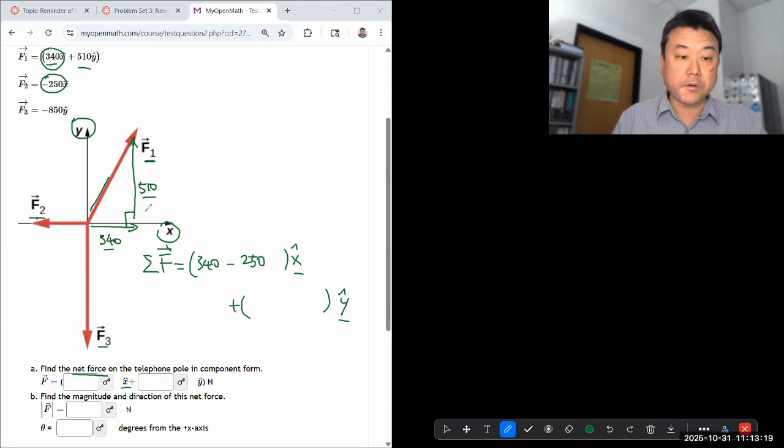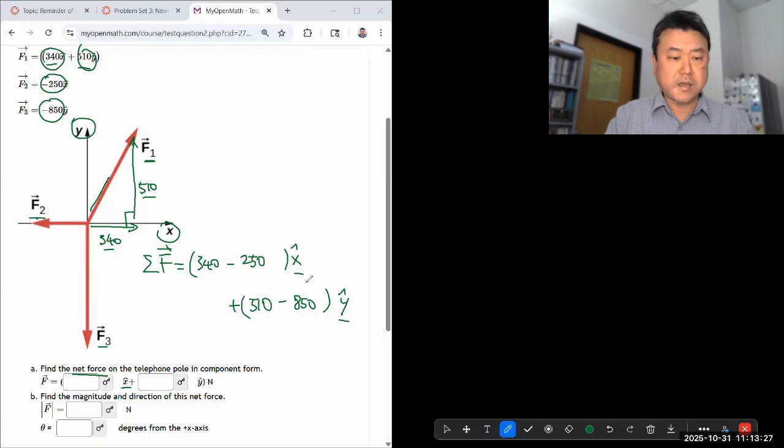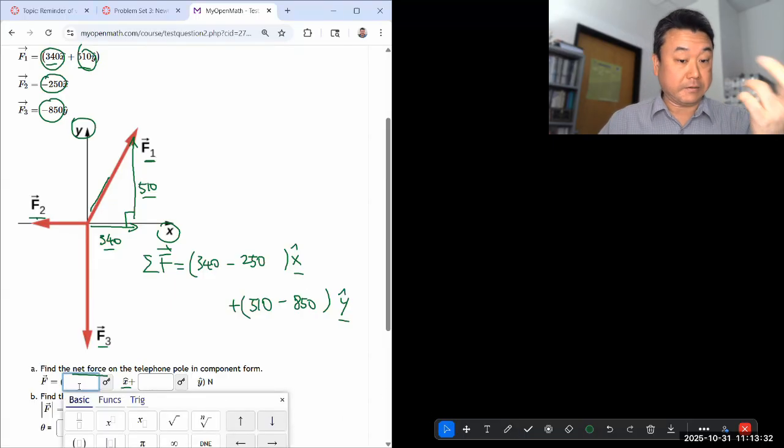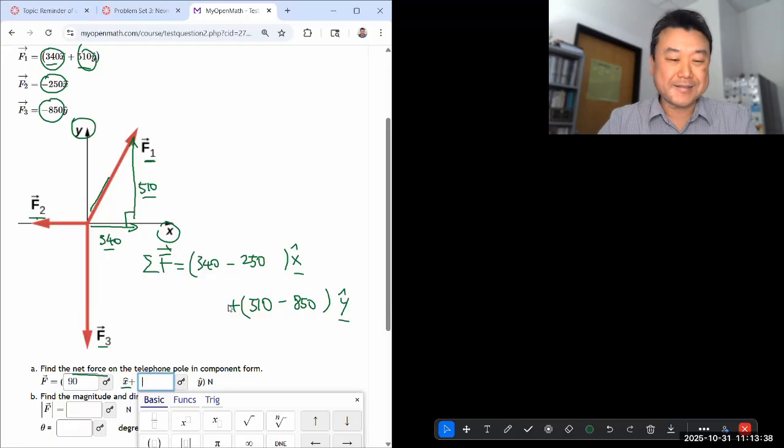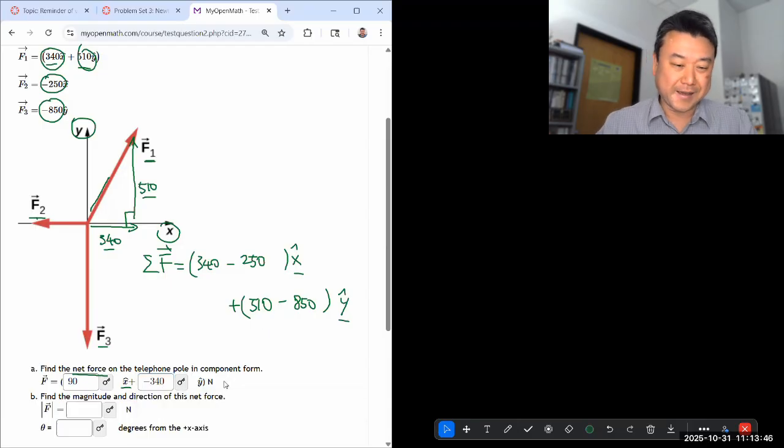And then for the y component, it'll be 510 minus 850. That'll give me the answer. I think I can do these additions and subtractions in my head. So it'll be 340 minus 250, 90 newtons, presumably, plus 510 minus 850, so that should be minus 340, presumably, newtons. They added it here. So yeah, that should be the answer.